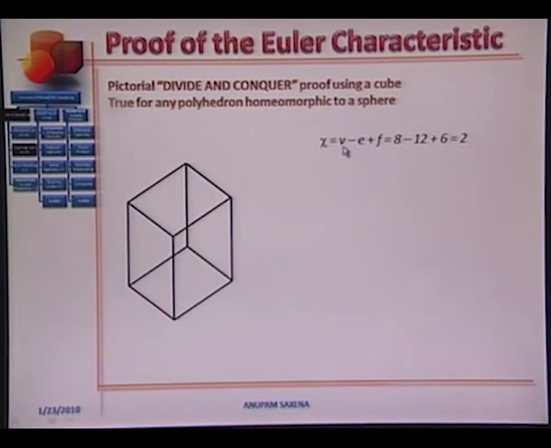As the number of vertices is 8, the number of edges is 12, and the number of faces is 6. Imagine that you're taking this face off. If you do that, the Euler characteristic changes to 1 because the number of faces reduces from 6 to 5.